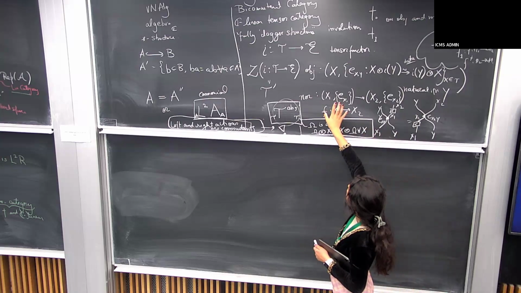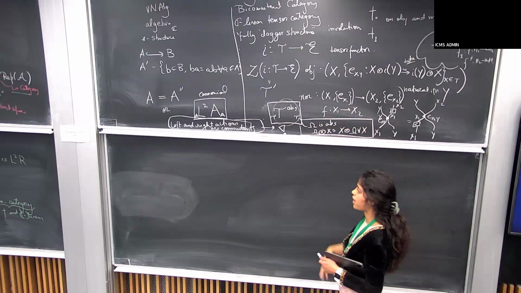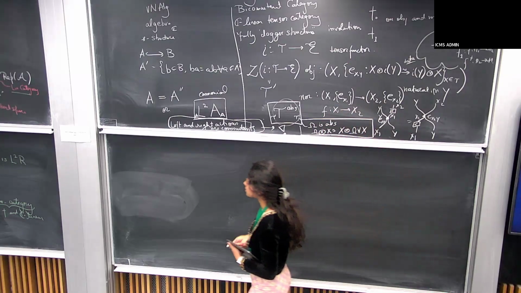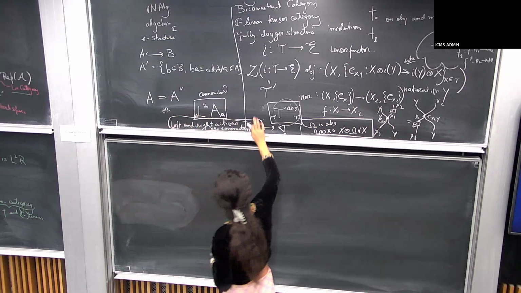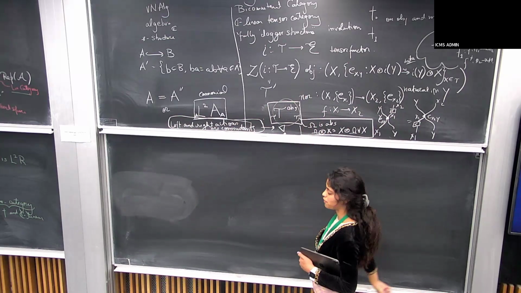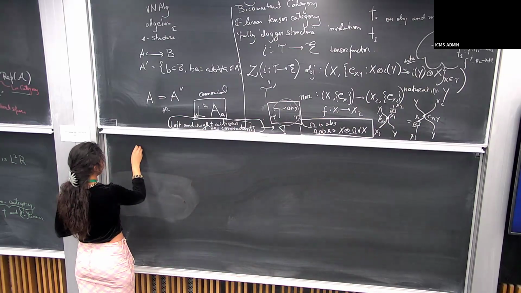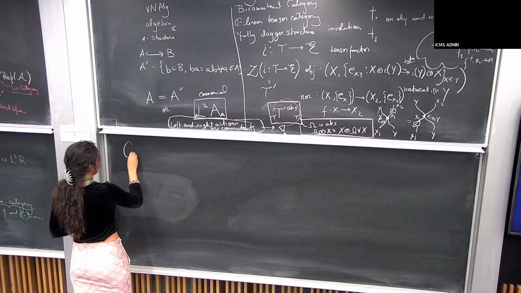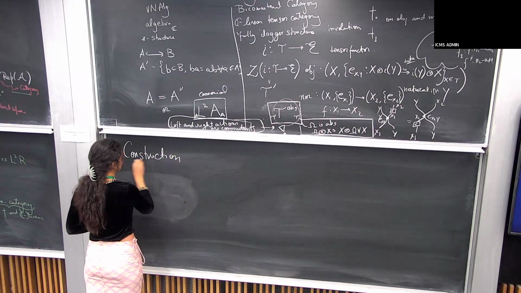There are lots of maps that are data in this definition, which satisfy a lot of coherences, which I'm not going to tell you. But for now let's assume that you believe me that this is the categorification of a von Neumann algebra. So now I define my construction.